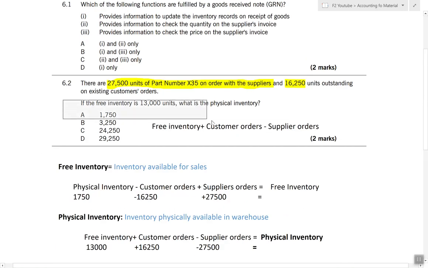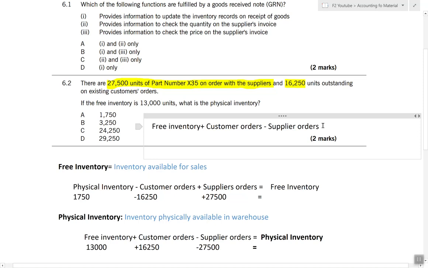In this question, they are asking what is physical inventory. There are 27,500 units of part number X35 on order with the supplier and 16,050 units outstanding on existing customer orders. If the free inventory is 13,000, what is the physical inventory?